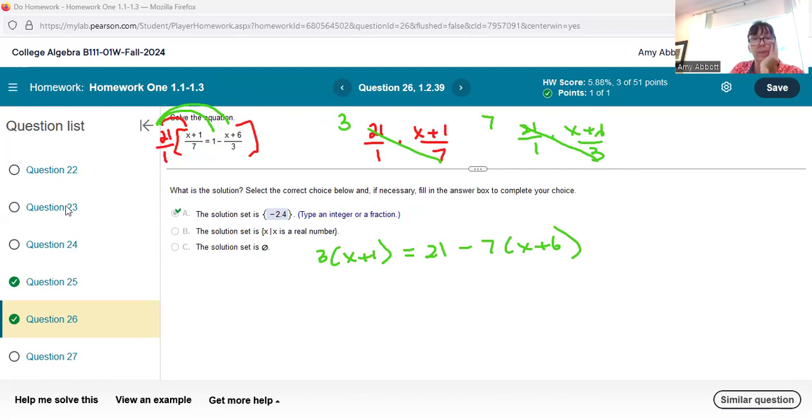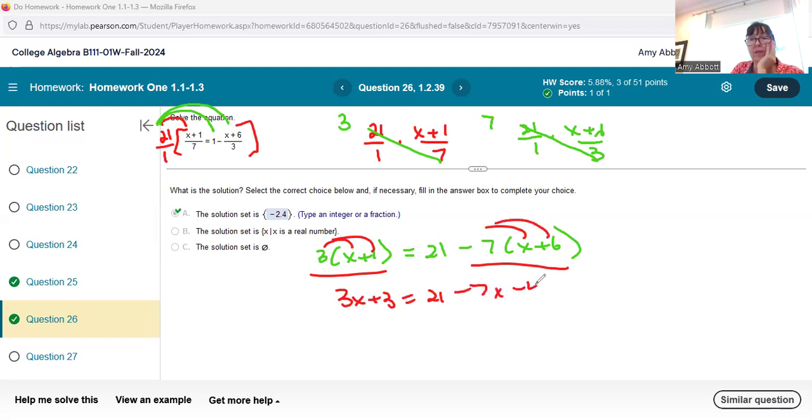So you get 3x plus 3. Distribute the 7 across. So that gives you negative 7x minus 42. And then I'm going to combine my numbers over there on the right. So 21 minus 42, you can use your calculator. 21 minus 42 is negative 21.